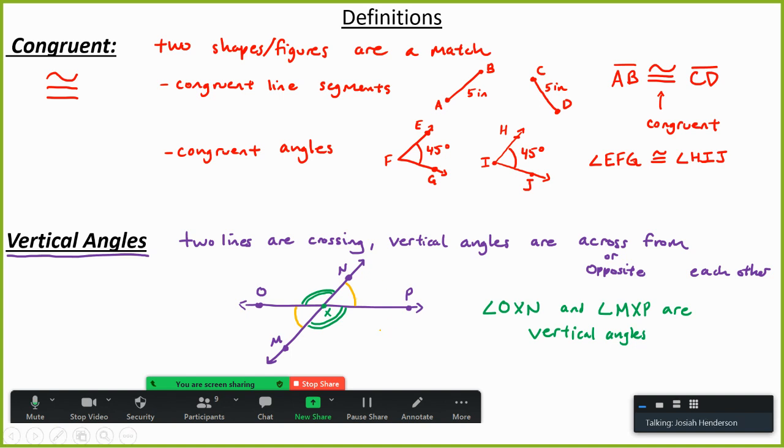So every time we have 2 lines crossing like this, there are 4 angles, and the 2 sets that are opposite each other are both vertical angles. In orange, angle OXM and angle N, as in night, NXP, are also vertical angles.